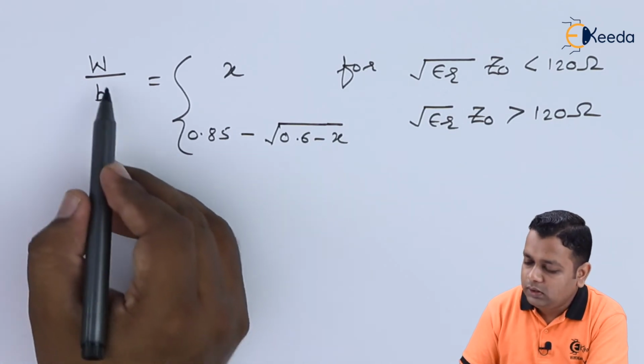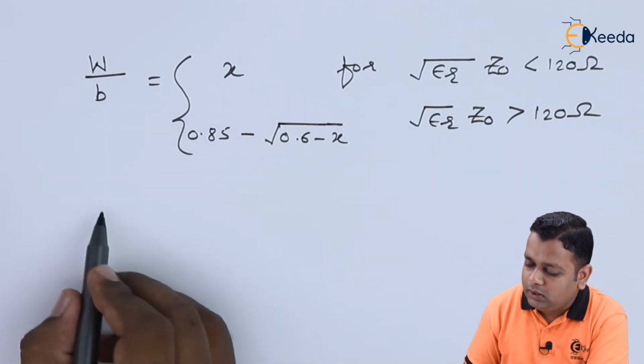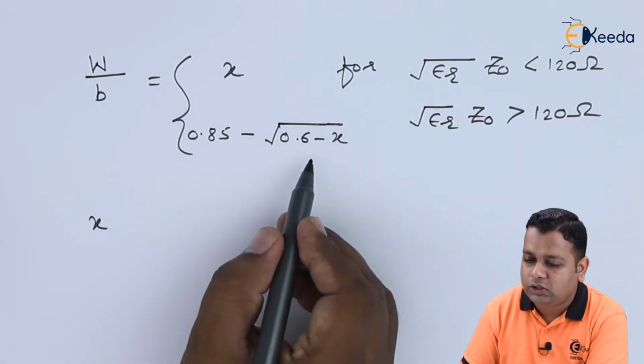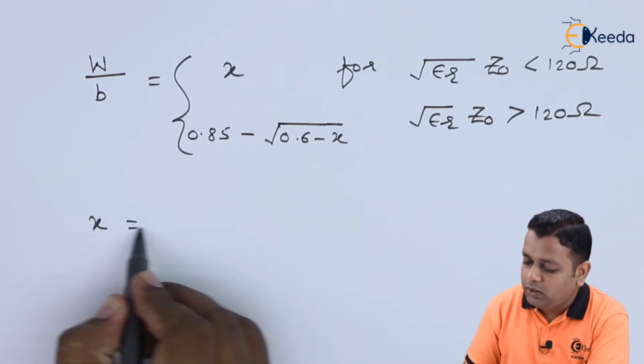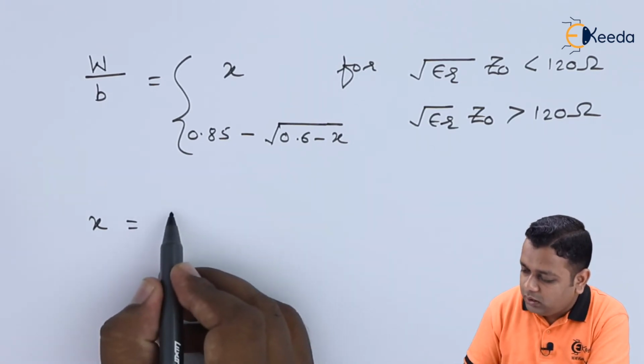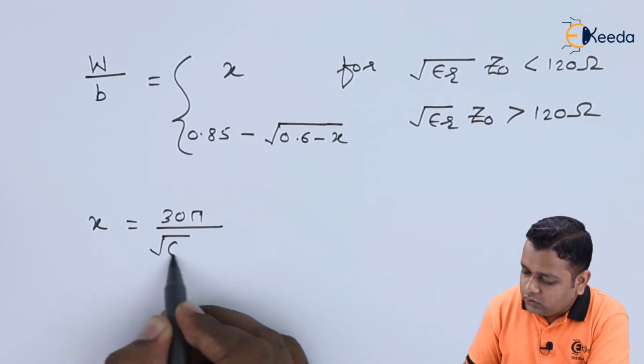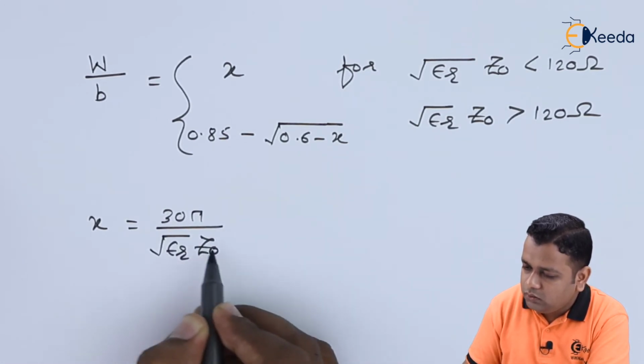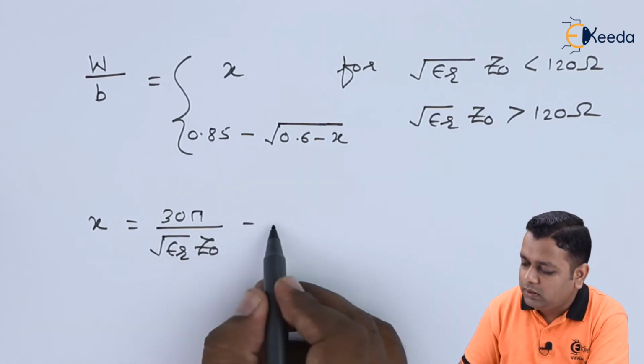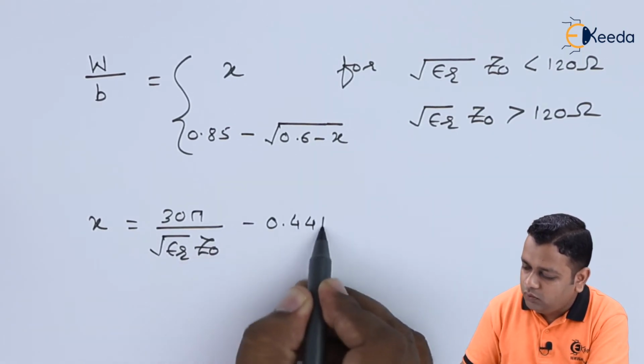In this ratio W by B, the value of small x utilized is from the earlier formula we just calculated: 30 pi divided by square root epsilon r into z0, minus 0.441.